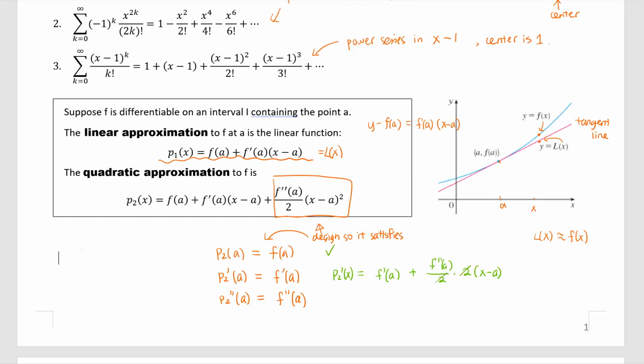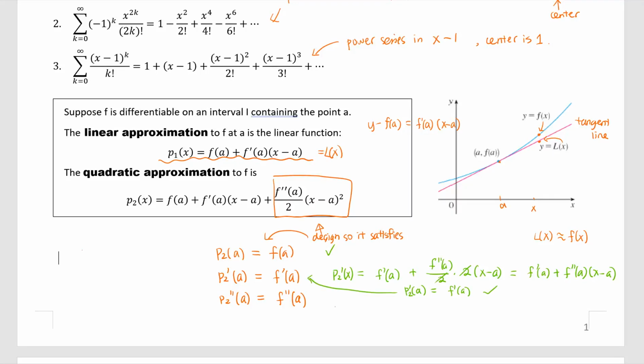So you can see the 2 cancels. We have f prime of a plus f double prime of a times x minus a. So now when you plug in a, we get f prime of a, and this term, when you plug in a, x minus a is 0. So that's why we have the second one.